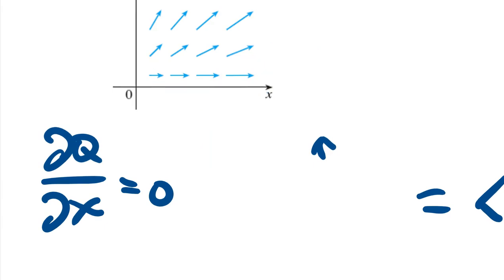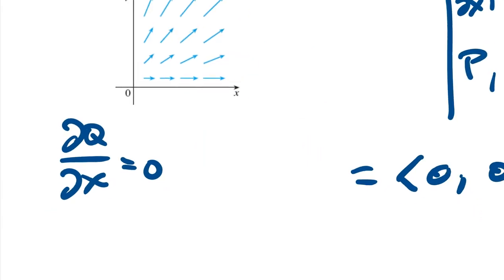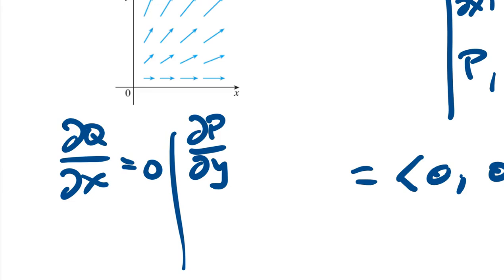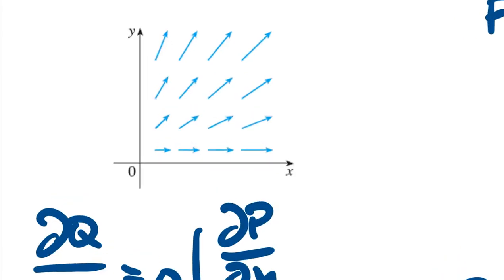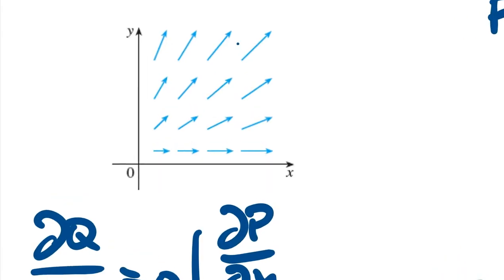Now let's look at the partial of P with respect to y. Now we're looking at the x values as we go up in the y direction. It doesn't look like anything's changing there either, because if you look at this last column, the x values stay the same. The x values tell you how long it is in the horizontal direction.